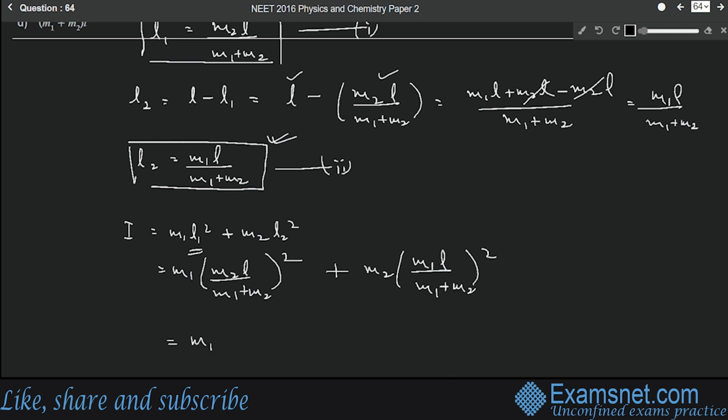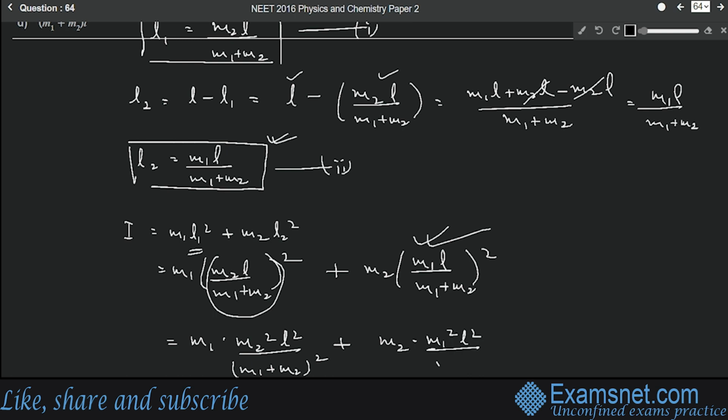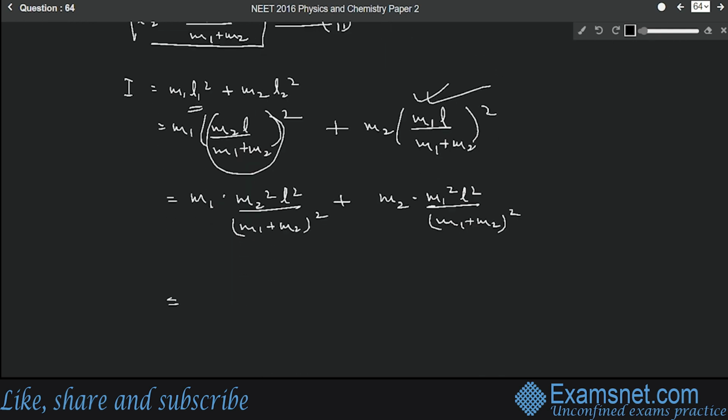So m1 into square of this will be what? m2 square L square upon m1 plus m2 whole square, plus m2 into square of this, that means m1 square L square upon m1 plus m2 whole square. Okay. Now on the numerator side we can take m1, m2 and L square common.